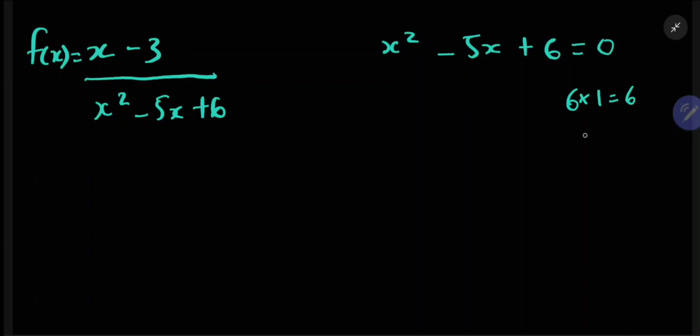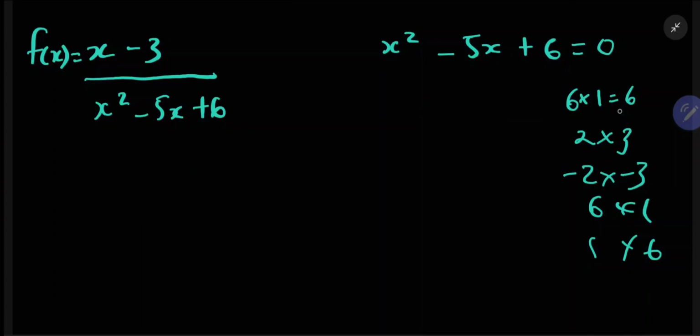So factors of 6, you have 2 times 3, minus 2 times minus 3, 6 times 1, 1 times 6, and so on. Which combination of these factors will give us minus 5? That will be minus 2 and minus 3.